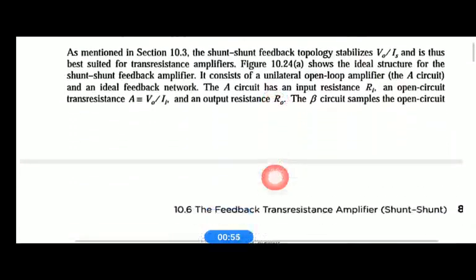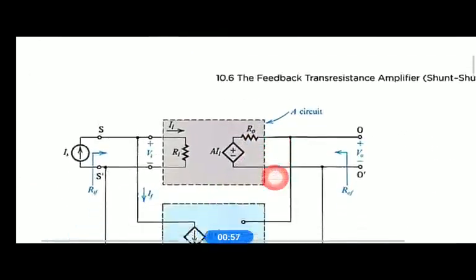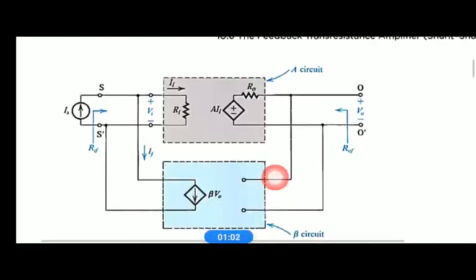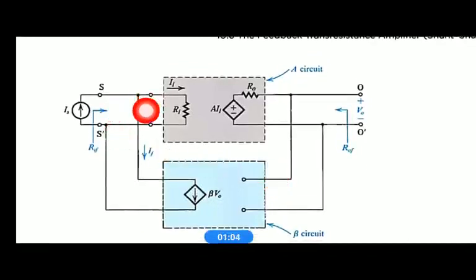So here, the trans-resistance amplifier uses a shunt topology. Clearly you can see the feedback network connected at the input side in shunt with the current source IS, as well as connected in shunt with the output voltage V0.